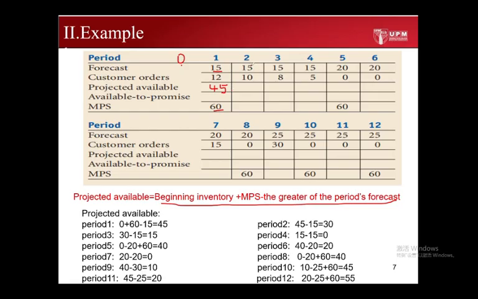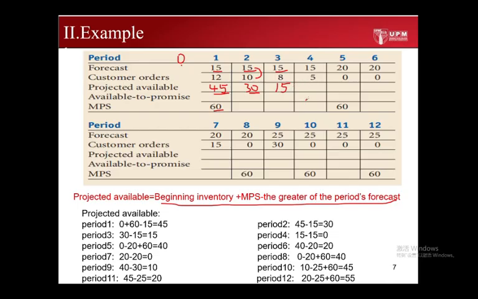Period 2 projected available equals 45 minus 15 equals 30. We use the 15 because 15 is the larger one. Period 3 projected available equals 30 minus 15 equals 15.